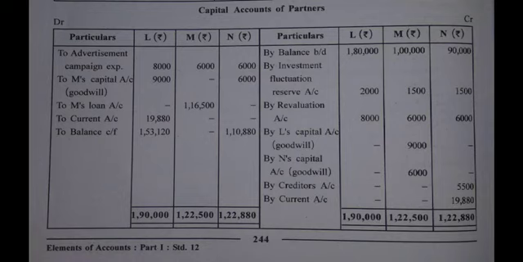And on the credit side, it is by L's capital account and by N's capital account, amount in the column of M. This simply means that the amount has been credited in the column of M by L and N. This is the reason their names have been mentioned on the credit side and the amount has been written in the column of M. The same logic applies on the debit side as well.